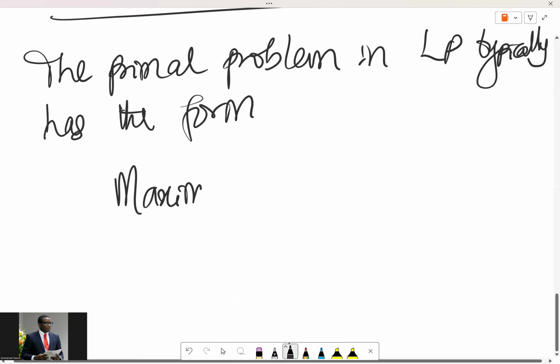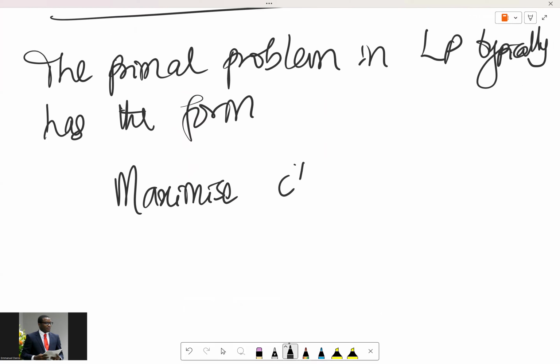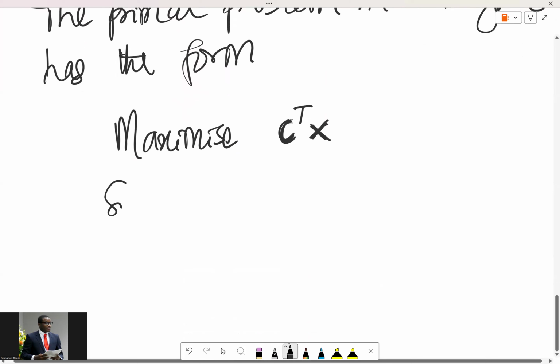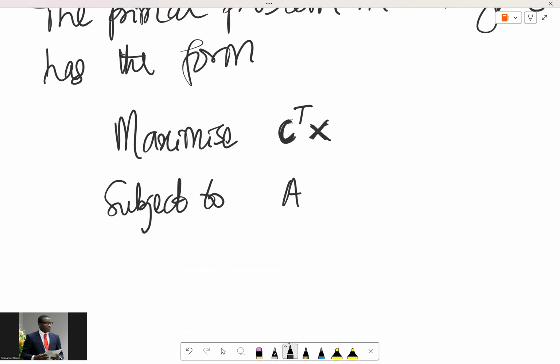We have maximize C transpose X, where C and X are bold vectors, subject to AX, with bold A and X, less than or equal to bold B, where X itself is greater than or equal to 0. That's the usual thing we have, in matrix form.